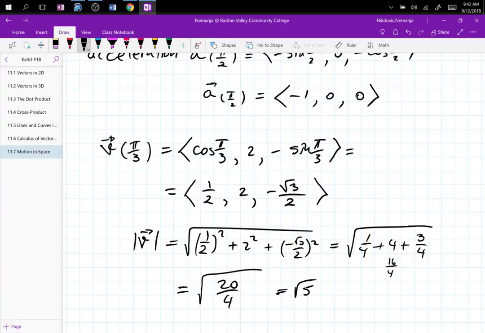There's a reason why these things work without exception. There are no exceptions to the rule. Every single one. How many possible times can you come up with? Infinitely many, and all of them will produce root 5 for speed in this example.